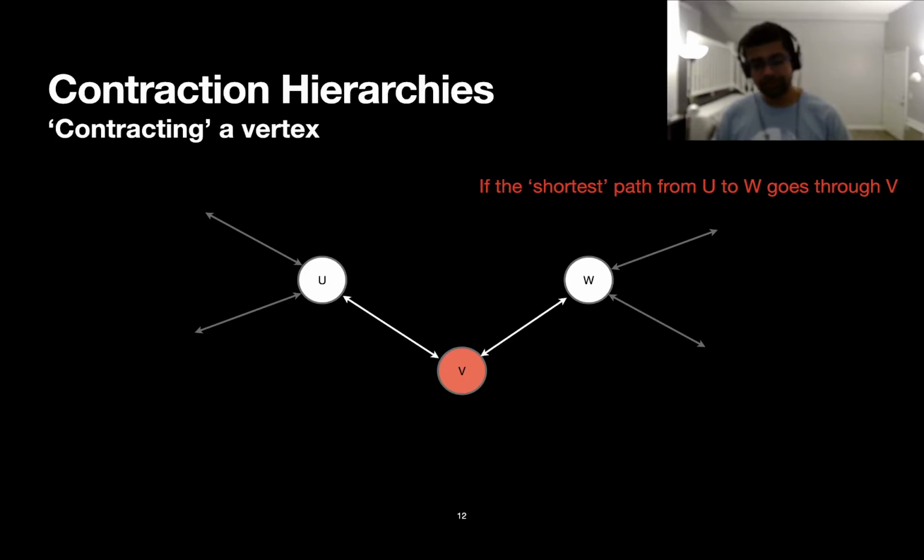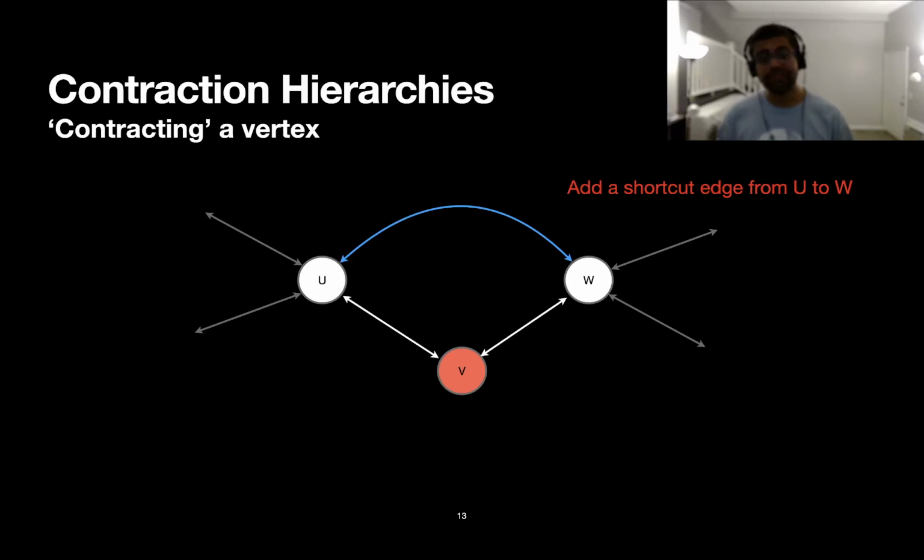The contraction operation is defined as follows. If the shortest path from a vertex U to a vertex W goes through a vertex V, then we can add a shortcut edge that connects U directly to W. And we can remove the vertex V from the graph.